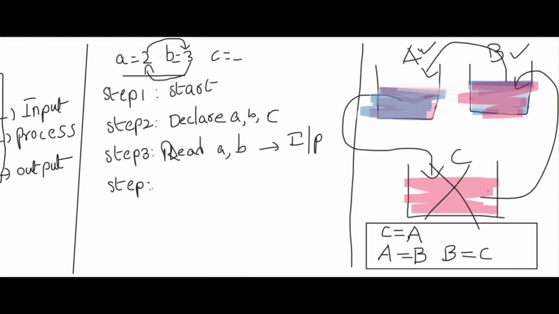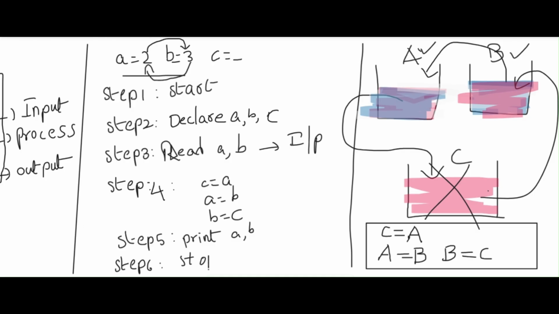In step four, you have the processing. We already got the logic: C = A, A = B, and then B = C. In step five, you bring the values of A, B. And finally step six is to stop.